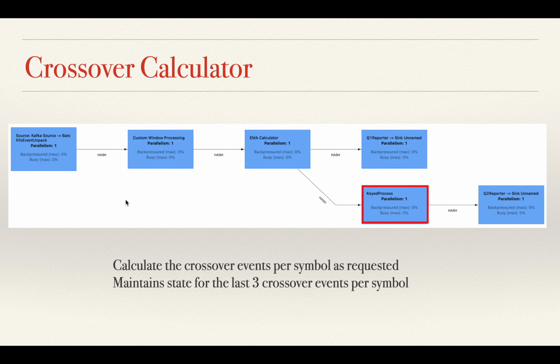The output of the EMA calculator is also used to discover crossover events. This stream is partitioned on symbol ID and consumed by the crossover calculator operator. This operator discovers crossover events as defined by the challenge, and it also maintains a list of the last 3 crossover events for the symbol.